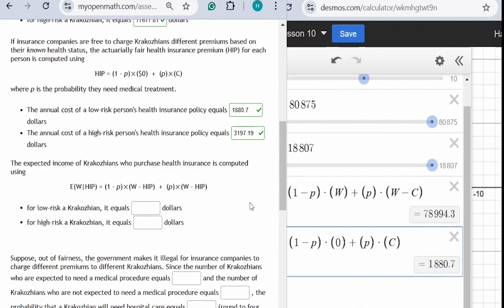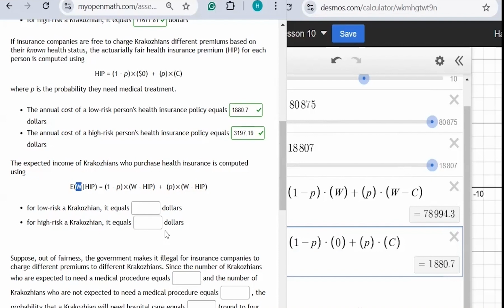The expected income of Caucasians who purchase health insurance is computed as follows. This right here stands for the expected value. It's like an average. The parentheses indicate the word "of." So this is the expected value of what your earnings are given that you've purchased actuarially fair health insurance.